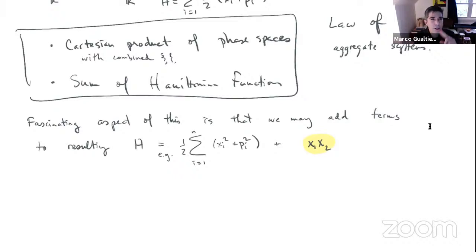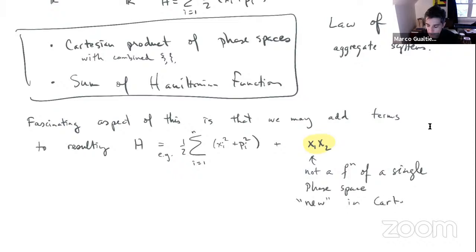It's a function on the Cartesian product, which is not a product function. It's not a single function on one of the Cartesian factors. So it is new in the Cartesian product.